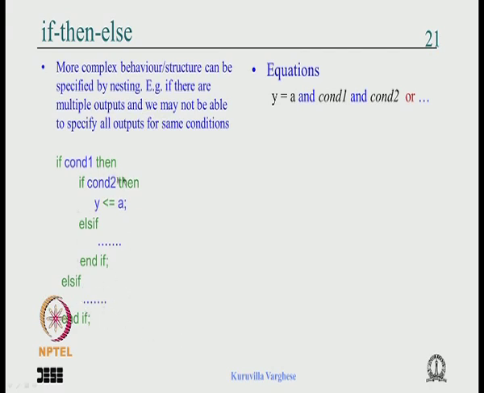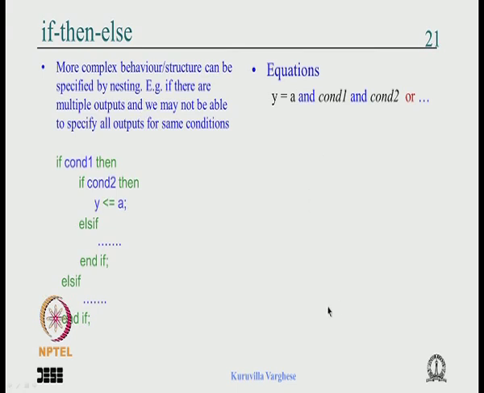So you could nest if, and the equation as far as Y is concerned comes like this: Y is A and condition 1 and condition 2, because it is under this condition 1 we are putting, or then B and not of condition 2 and condition 1. And when it comes to this else if condition 3 for, say, Z, this condition 2 doesn't appear there, and so you can work it out.